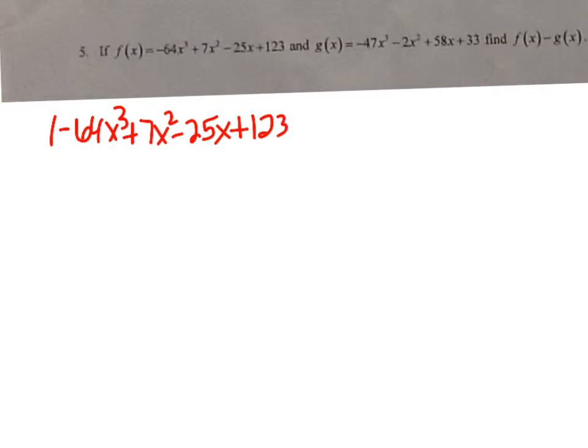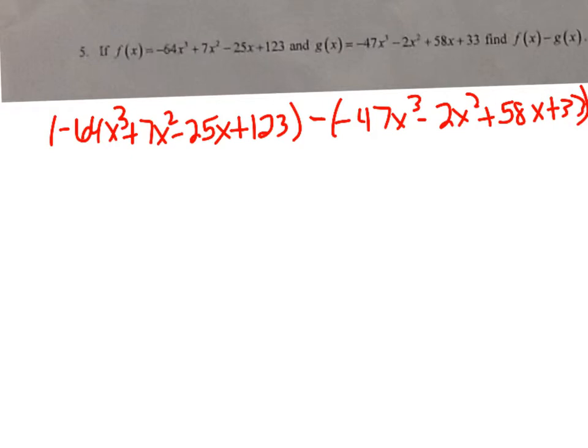So I have, in parentheses, negative 64x to the third plus 7x squared minus 25x plus 123, minus, now g of x, negative 47x to the third minus 2x squared plus 58x plus 33.